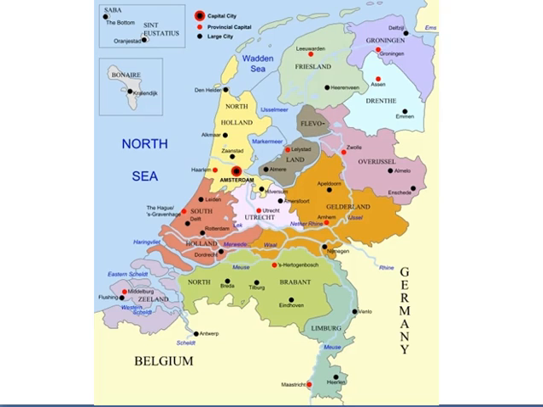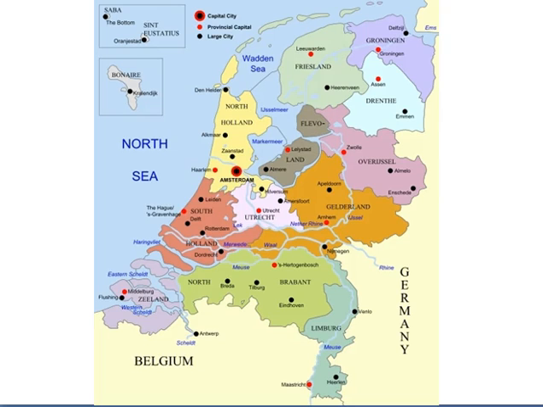There is a federal assembly or a states general that will handle foreign affairs and war, but it doesn't really possess any true authority. All issues then always had to be referred back to the provinces. So the provinces are where the heart of the power is, and you had to go back to those local estates for any kind of approval, as the federal power had to always go back to the local estates.